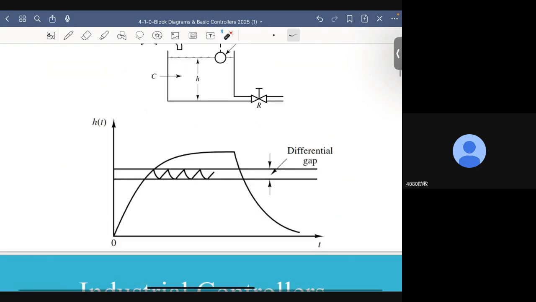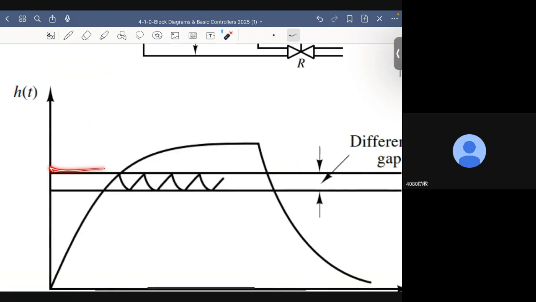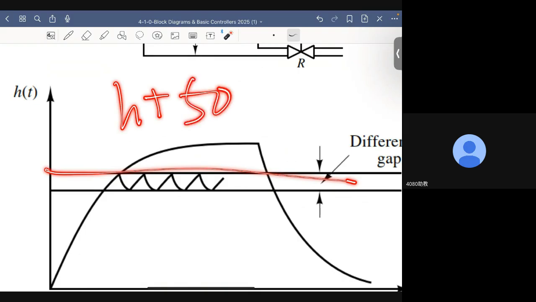Okay, so what we do is we introduce a differential gap, which means the pump will not do anything as long as the water level is inside this gap. Let's say the center of this gap is H. The upper bound is H plus, let's say, 50 centimeters, okay?